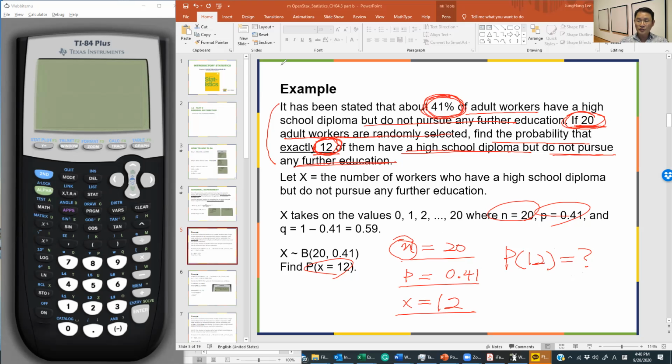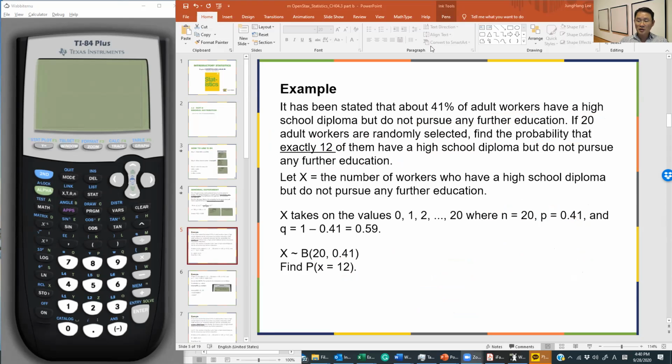So how do we do this? Well, we can use the calculator again. Let me rewrite it here: n, p, and the x value must be equal to 12.